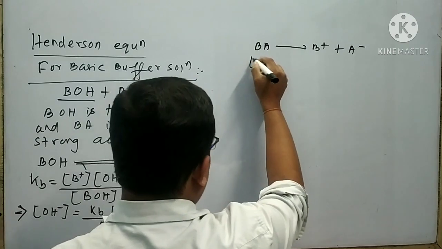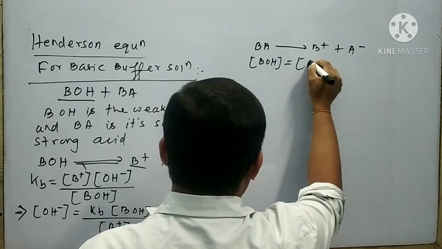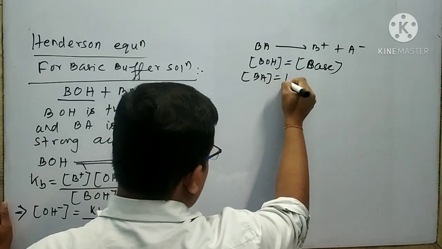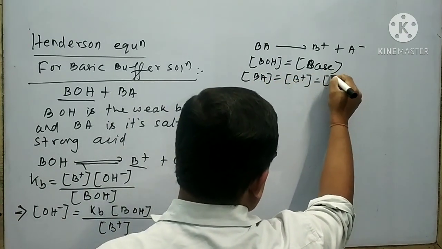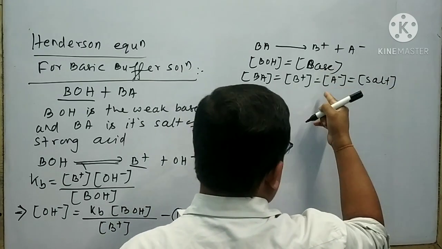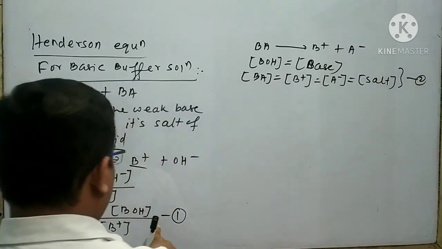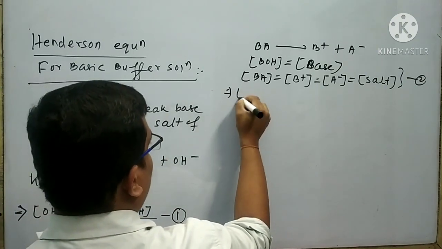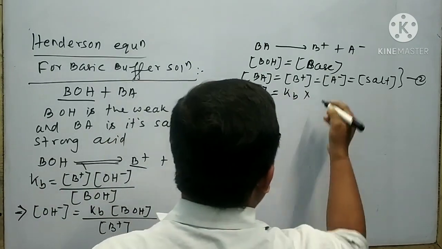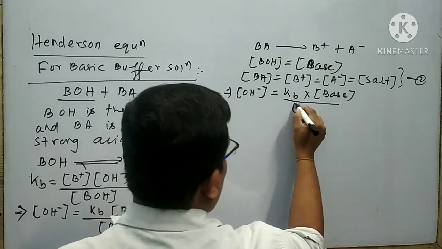That means concentration of BOH equals concentration of base, and concentration of BA equals concentration of B plus equals concentration of A minus equals concentration of salt. Consider both these relations as equation 2. From equations 1 and 2, the concentration of OH minus ion equals Kb into concentration of base divided by concentration of salt.